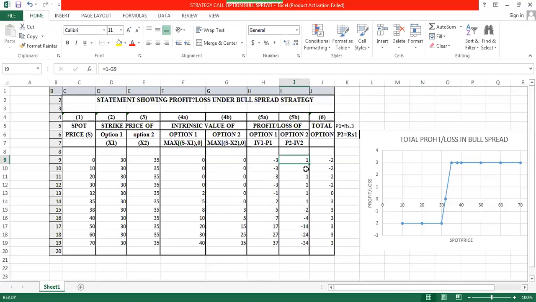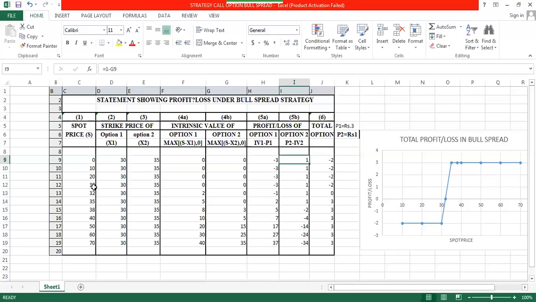If you add the two, you will see that initially there is a loss, and this loss is continuing up to 32. That means in between 30 and 35. How are you getting the 32 figure? Consider the option with the lower strike price, which is 30.